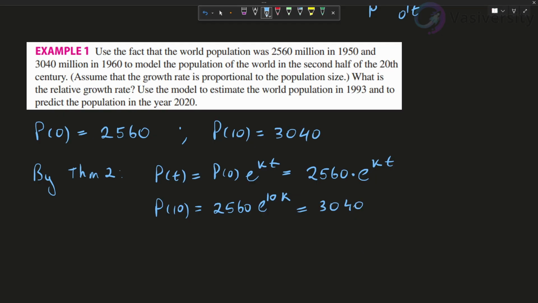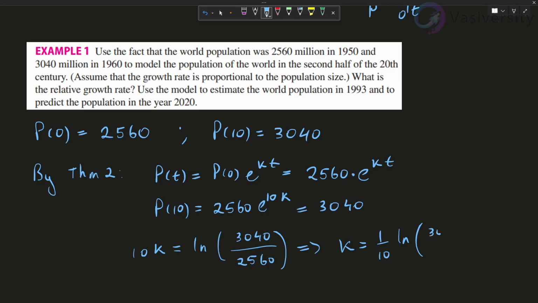Solving for k by using logarithms, we get that 10k is equal to the natural logarithm of 3040 over 2560. So k is equal to 1/10 of the natural logarithm of 3040 over 2560.